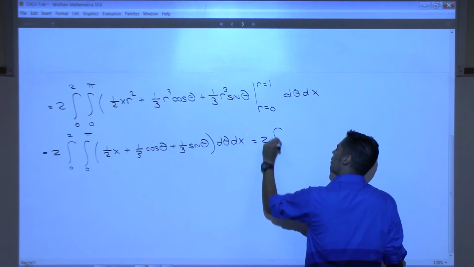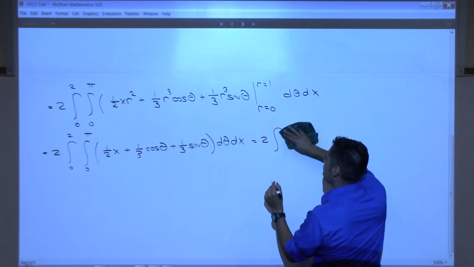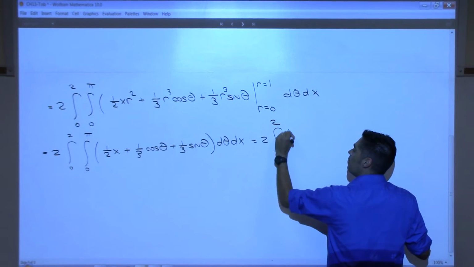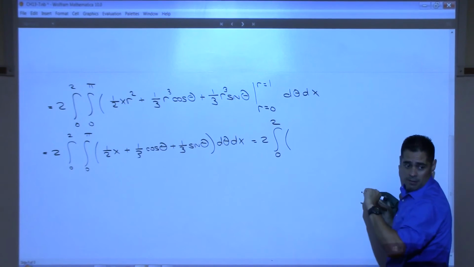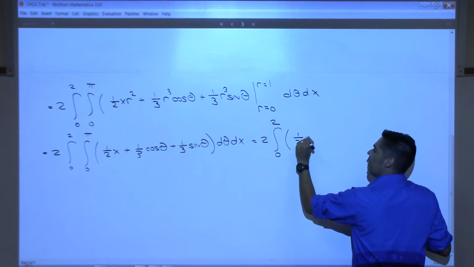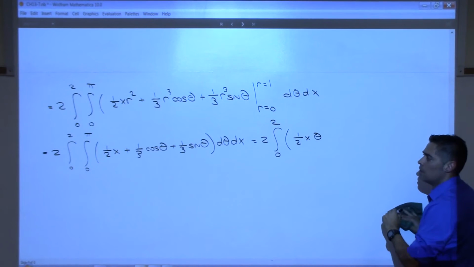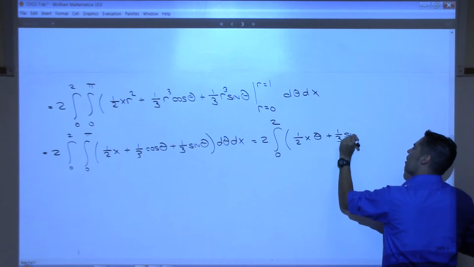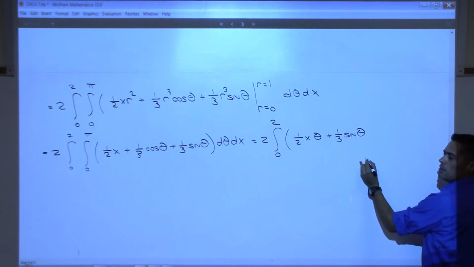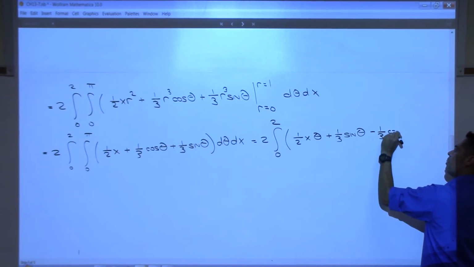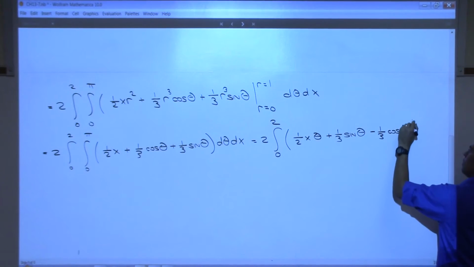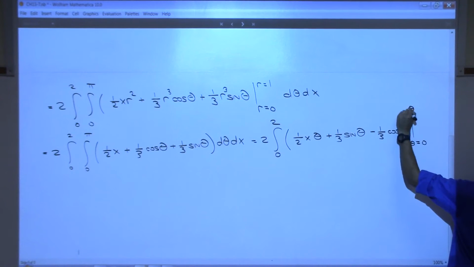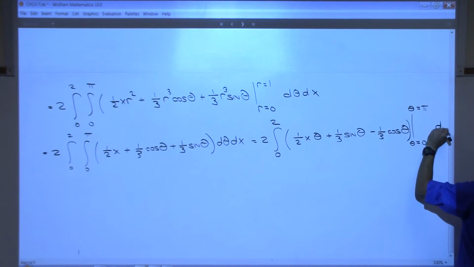Equals 2 integral, oh, I'm integrating only one now, 0 to 2, antiderivative of 1/2 x with respect to theta. 1/2 x theta, right? Plus 1/3 sine theta minus 1/3 cosine theta. Evaluated theta equals 0 to pi dx.